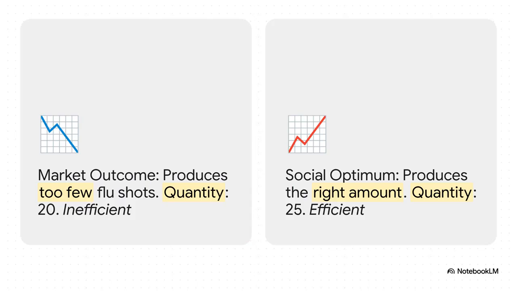So what happens here? The exact opposite of the pollution problem. The market ends up providing too few flu shots. Maybe the market outcome is 20 shots, but the social optimum, the number that would be best for society, is actually 25. The market is underproducing because all those amazing spillover benefits aren't being factored into the price. Once again, it's an inefficient outcome.